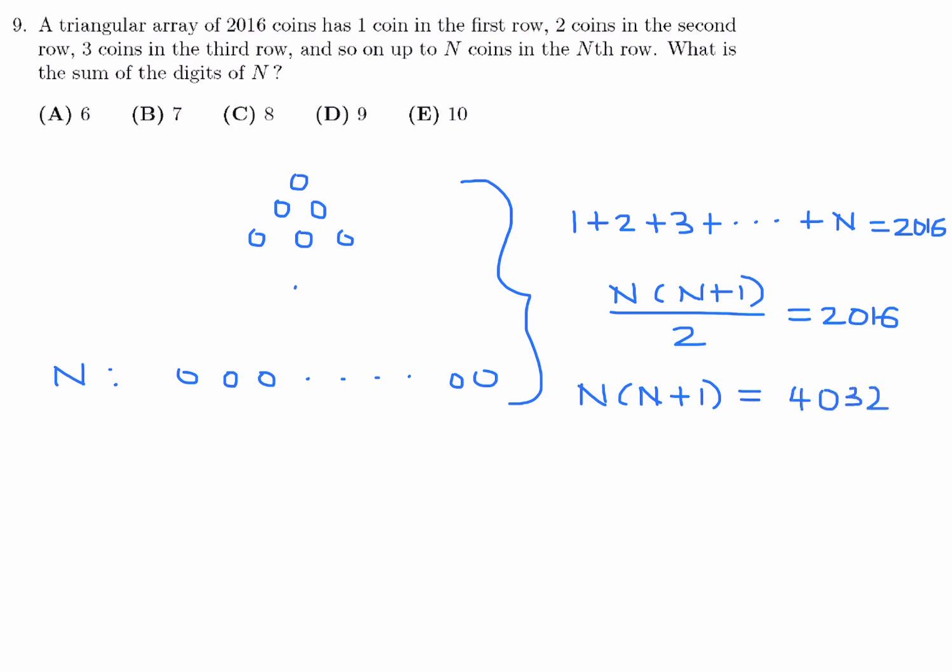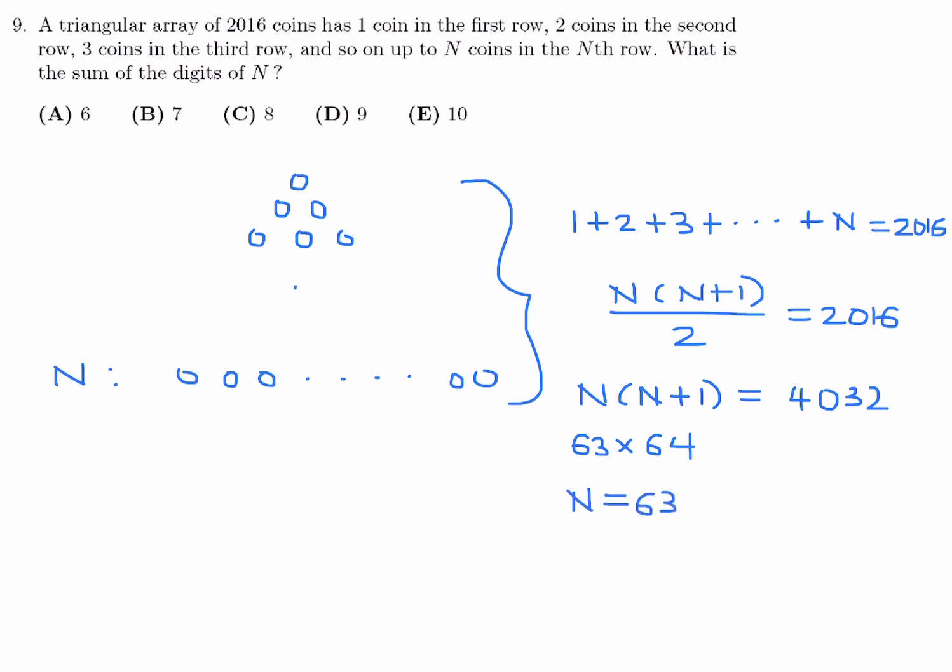Now, you can do a quadratic if you want, but I think inspection is a little bit better. Just think about 2 consecutive numbers that when multiplied together give you 4032. And when you fiddle around a little bit, you'll find that 63 and 64. Those 2 numbers multiplied together will give you 4032. So therefore n is 63.